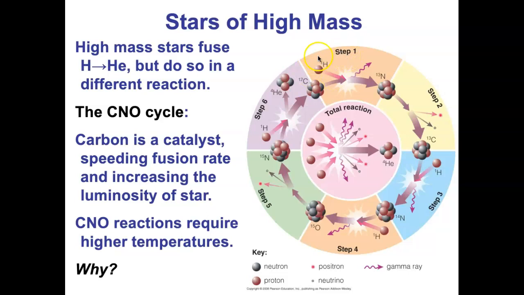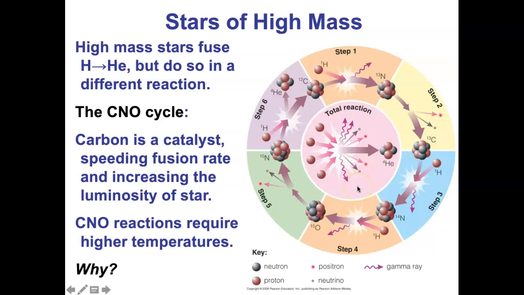And in doing so, when you take the four hydrogens and turn them into one helium, you get three gamma rays out, instead of just the two gamma rays that you got from the proton-proton chain, as well as the positrons and the neutrinos.